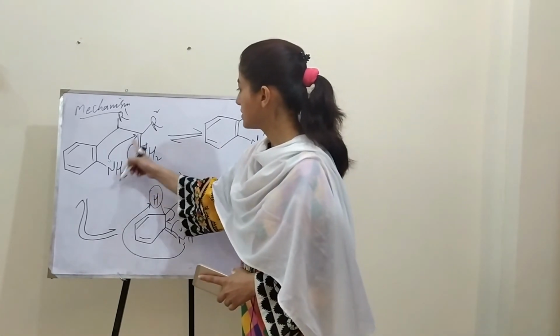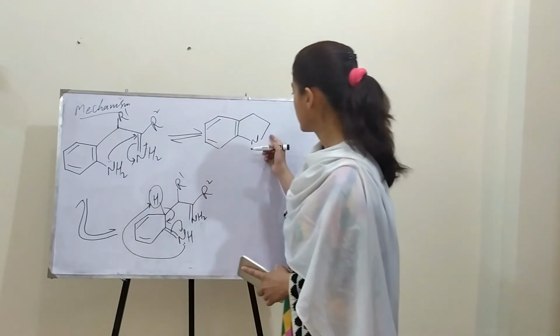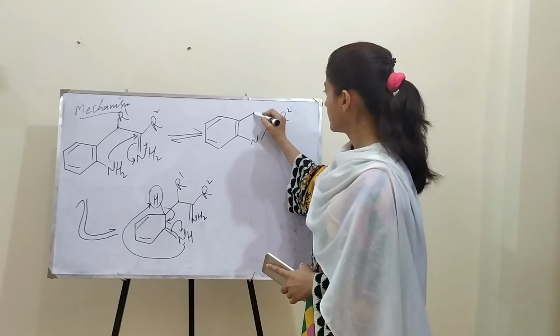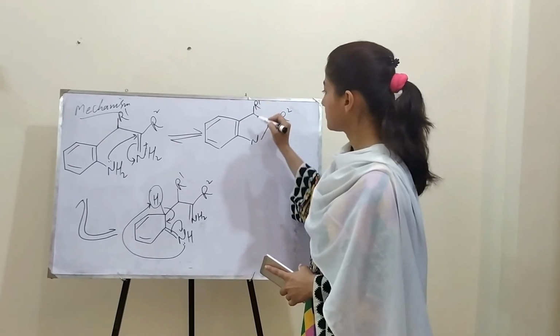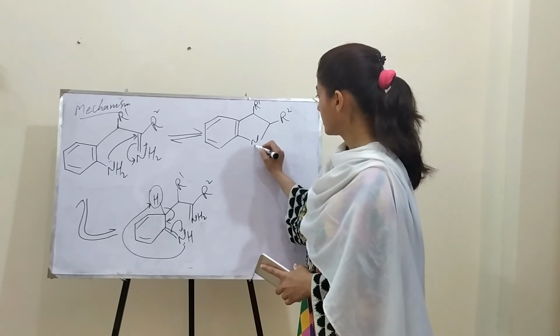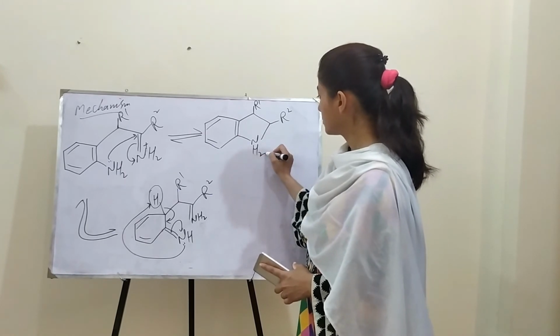This nitrogen becomes incorporated between this carbon here with R2. Here it is with R1. Here there are 2 hydrogens, NH2.